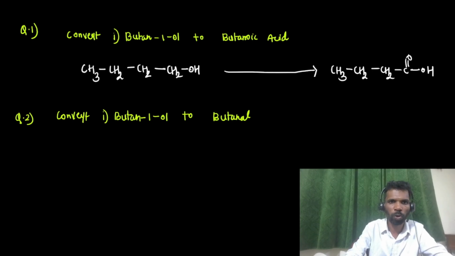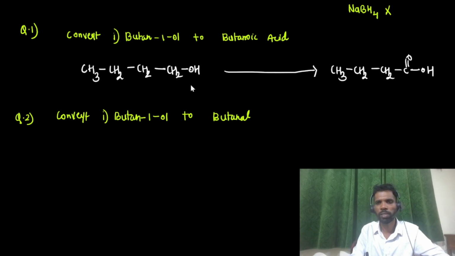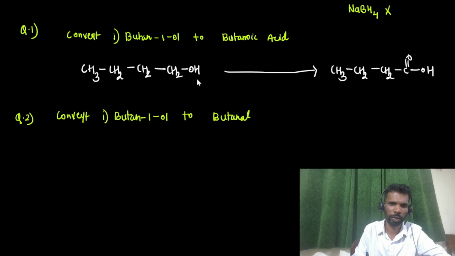Now there are many possibilities. This is oxidation. So what oxidizing agent are you going to use? Are you going to use sodium borohydride? No, because it is a mild agent. It will go only up till what? Aldehyde.